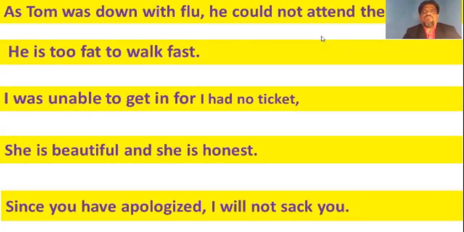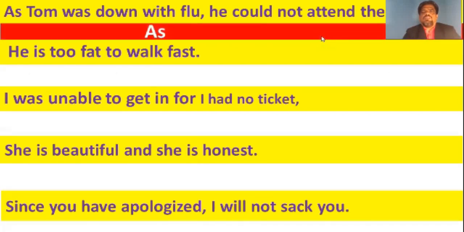Let's identify the conjunction here. There are occasions where, if you remove the conjunction word, you would find 2 sentences. For example, in the first sentence, the conjunction is "as".